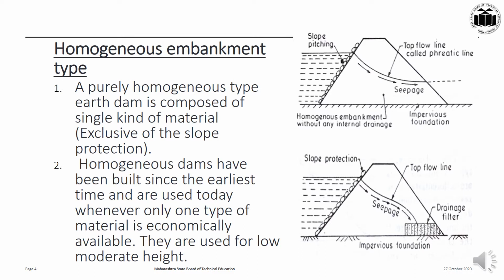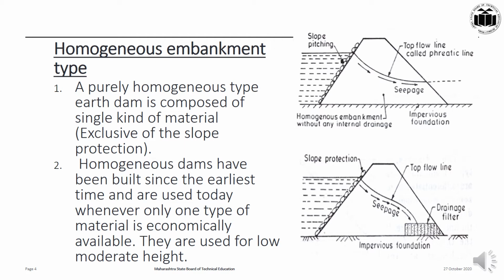First, the homogeneous embankment type. The simplest type of earthen embankment consists of a single material in a homogeneous layer; sometimes a blanket of a relatively impervious material may be placed on the upstream face. A purely homogeneous section is used when only one type of material is economical or locally available.